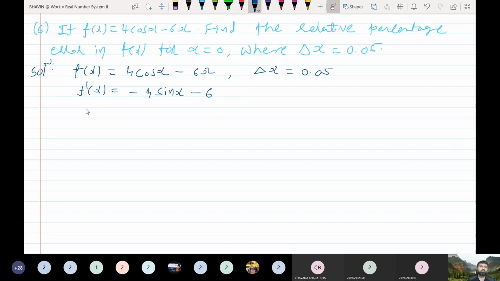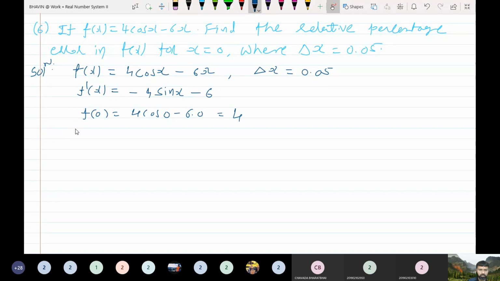Now what is f of 0, because we want to find the error at x equal to 0. So its true value f of 0 is 4 cos 0. Cos 0 means 1. So f of 0 is 4. Understood?